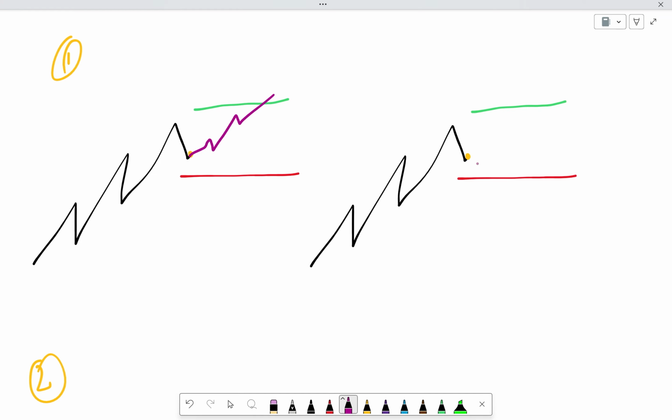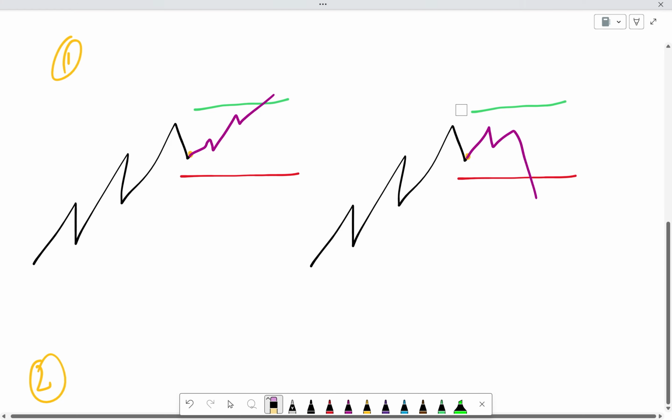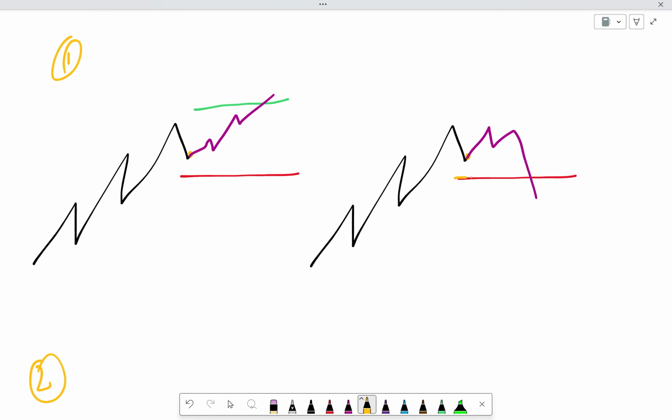Now let's say that the price has gone like that, and we take the profit. However, if the price doesn't go like that and it somehow goes like that, this is where we need to take another trade. So in this case, we take a trade around this level, and we have our take profit at about this level, and our stop loss around this level. In that way, we are gonna have two trades, so these both will be working.